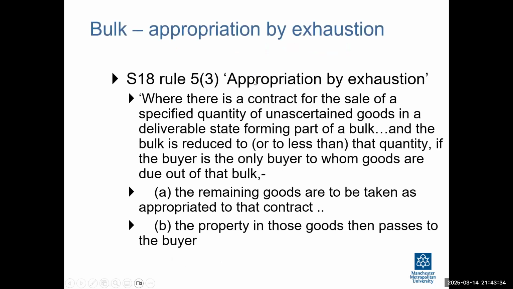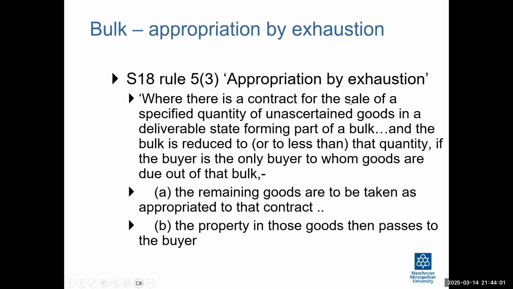So Section 5, Rule 3 talks about appropriation by exhaustion. And that could go to the wine you talked about in your cellar, in your fridge. If there were five wines there and you said one of the wines in my fridge, and you've taken four of them, we would assume that the last one belongs to the buyer now, property passes to the buyer.